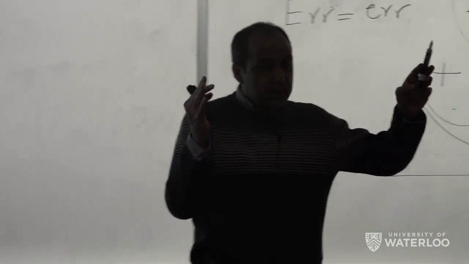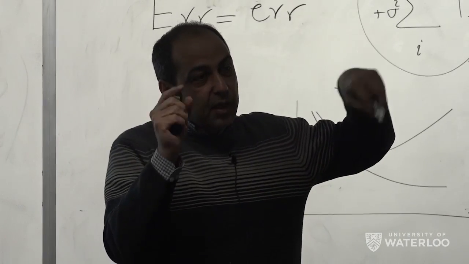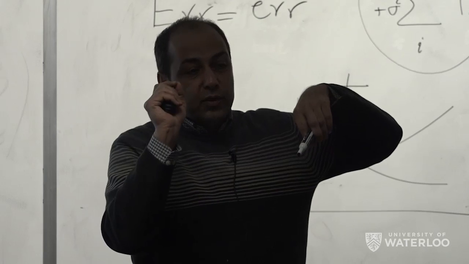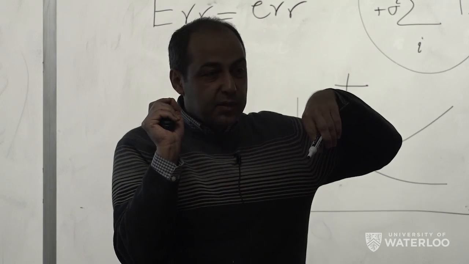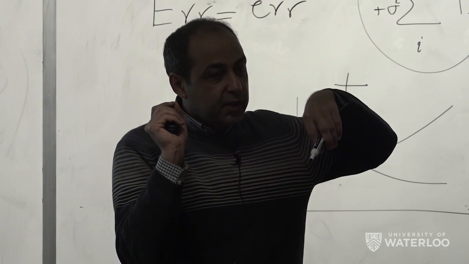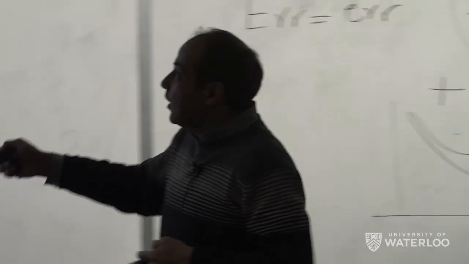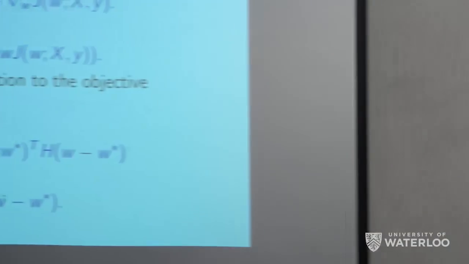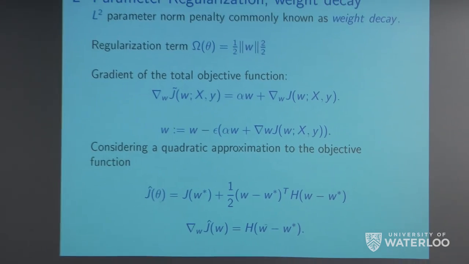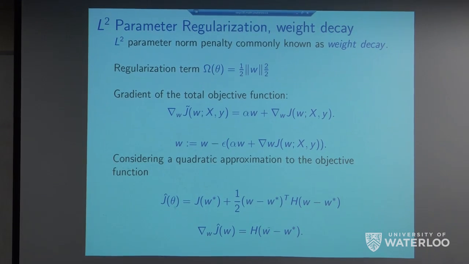If you have least squares regression, for example, you can add the L2 norm to this. Do you know what the name of that is? Ridge regression, right? In terms of neural networks, it's called weight decay. So you add the L2 norm, and it's called weight decay.